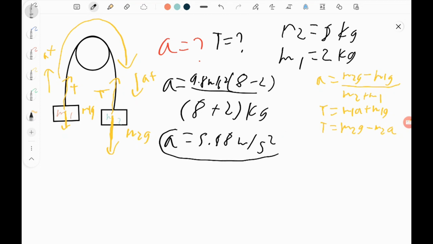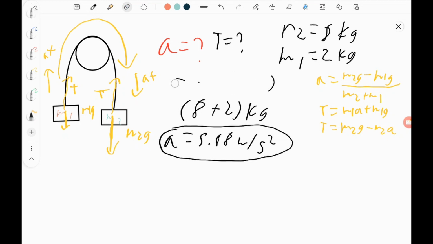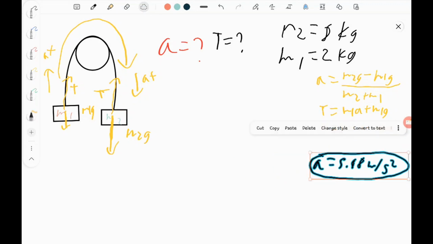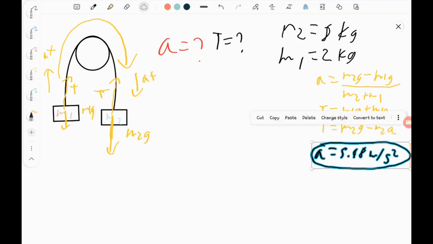So we're going to use this value to figure out the tension now. So let's move some stuff around. So I'm going to get rid of this and move this here. So now let's figure out the tension, and we can actually do this using either equation once again because the tensions are equal. I'm just going to go ahead and use this equation here. So T is equal to M1A plus M1G.